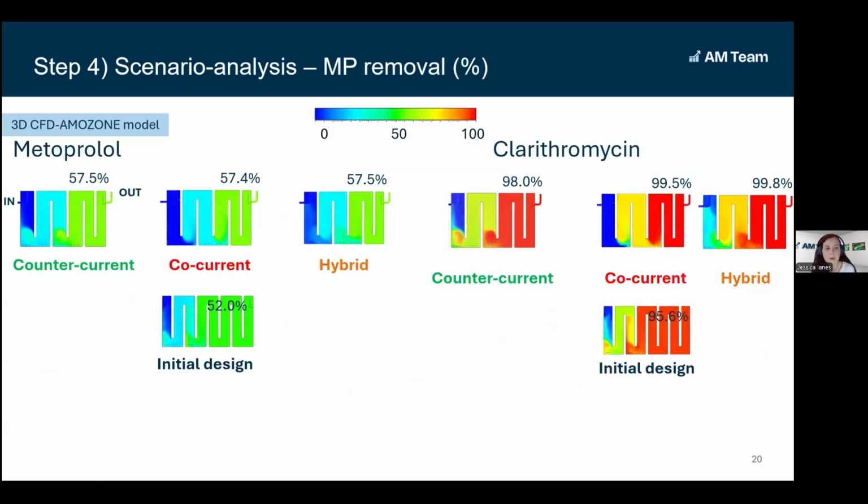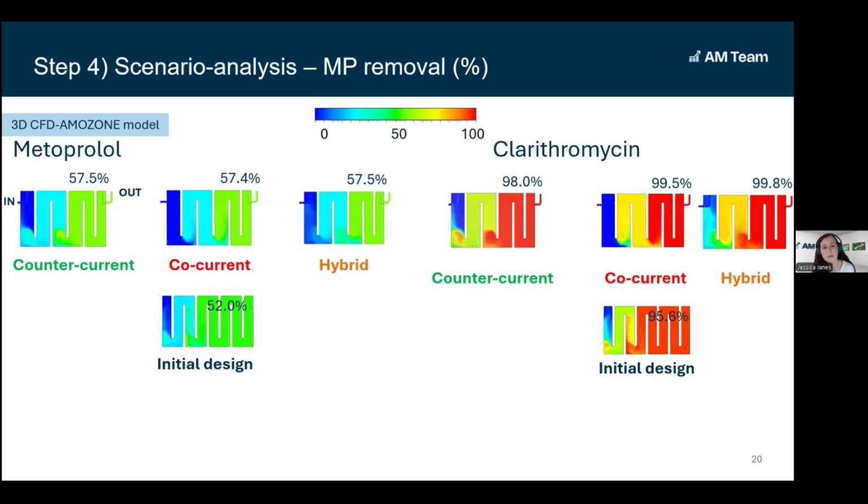Then we also focused on the performance of the reactor in terms of micropollutant removal. Here you see the example of two micropollutants, metoprolol and clarithromycin. They are two very different micropollutants responding differently to ozonation, so that's why we chose those.